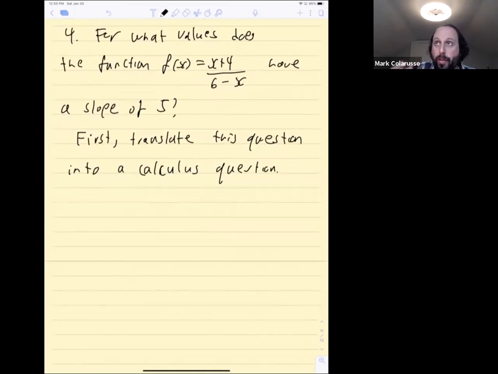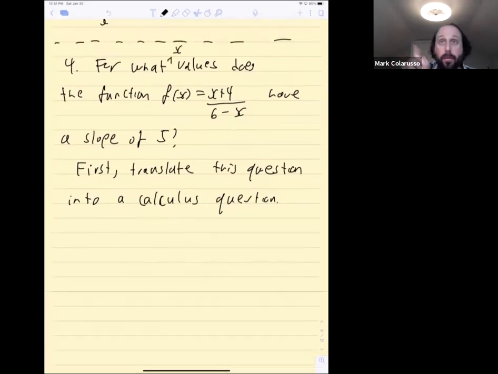Slope is given by the derivative, right? So we want to figure out for what x values do we have a slope of 5? The slope at x is the derivative of f at x. The derivative is the slope machine. You put in the x, it tells you the slope of the tangent line at x. So what we're being told to find is for which values of x does the derivative equal 5?